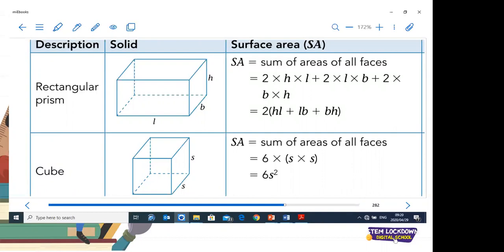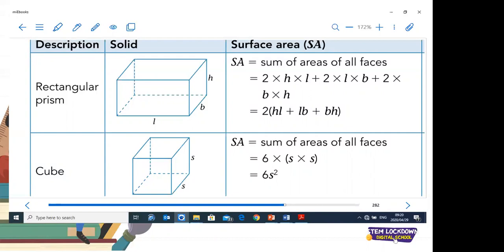And behind, at the back, there's also another rectangle which is equivalent to the front part. So the back rectangle is equal to the front rectangle, the top rectangle is equal to the bottom rectangle, and the right-hand side rectangle will be equal to the rectangle on the left-hand side. So that is why you multiply by 2.